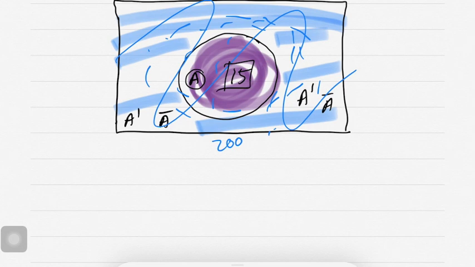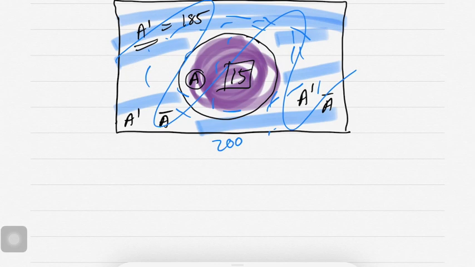That means if I'm saying that my event A is 15 defective, then the remaining part is non-defective. So my A dash will be 185.